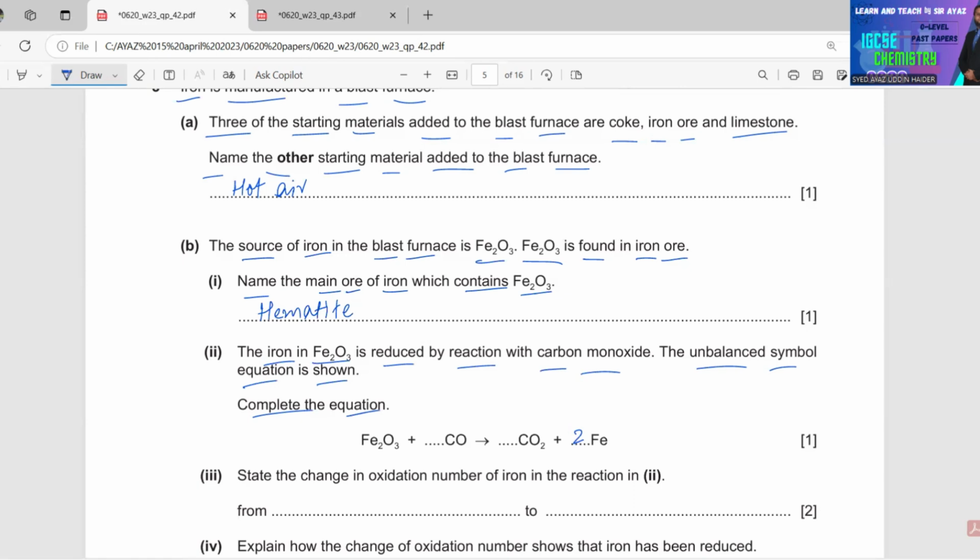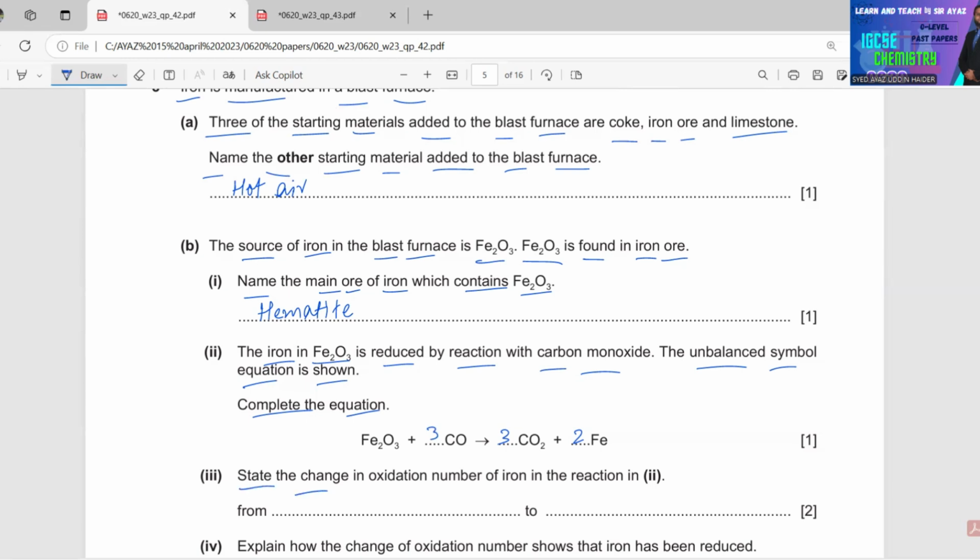If I place 3 before CO2, is oxygen balanced? No, oxygen is not balanced. We have 4 on the left hand side. The carbon is also not balanced. So if I write 3 before CO, now the whole equation is balanced. Fe2O3 plus 3CO gives 3CO2 plus 2Fe.